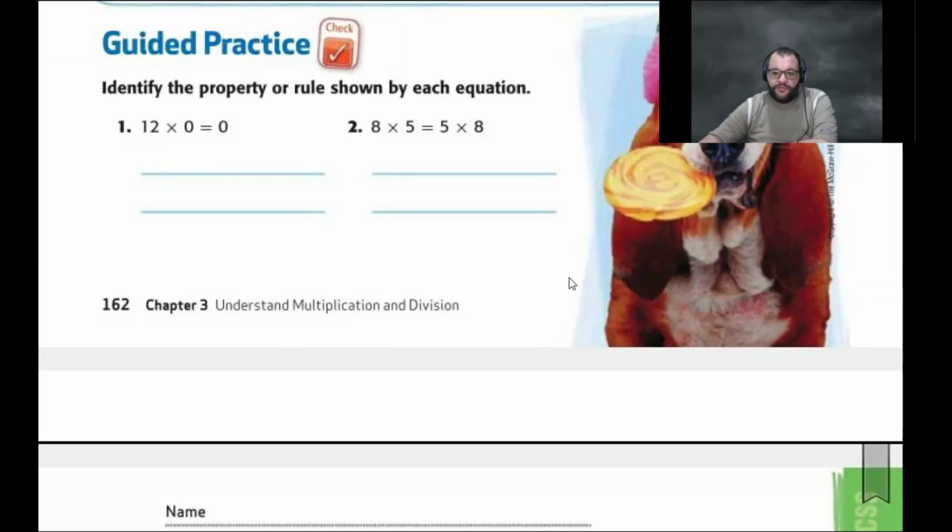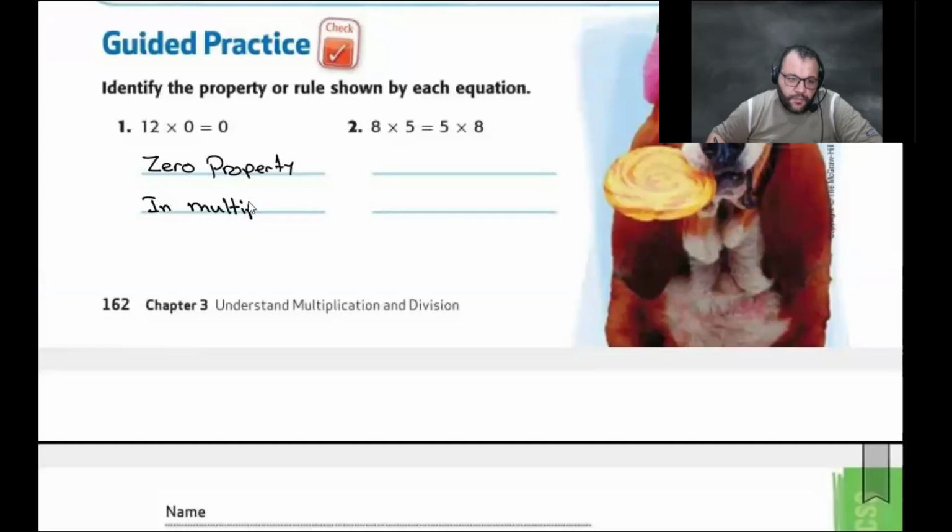It is the zero property in multiplication. What is the zero property in multiplication? If you multiply any number by 0, the answer will be 0. That's called the zero property in multiplication.